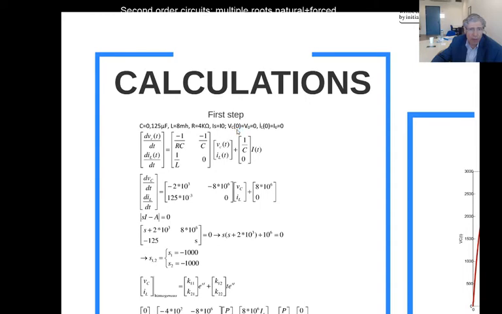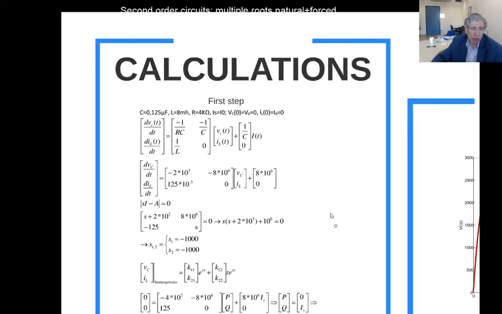Here you are. If you choose these element values, after the calculation of the characteristic roots, we end up with the multiple roots, and the parametric mathematical model is this one, and this is the numerical one.